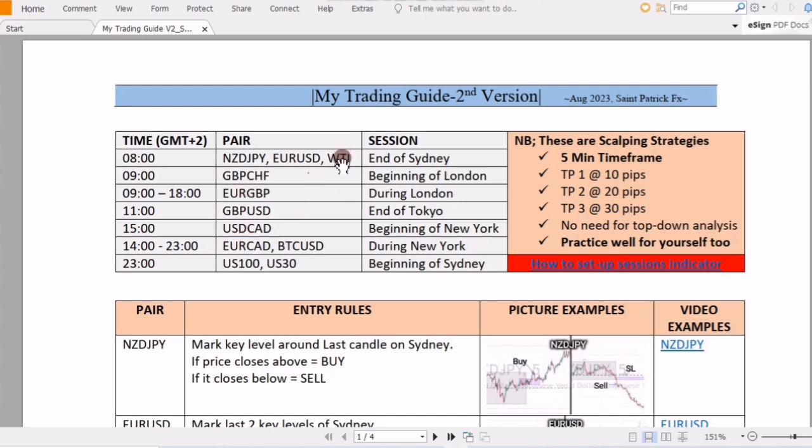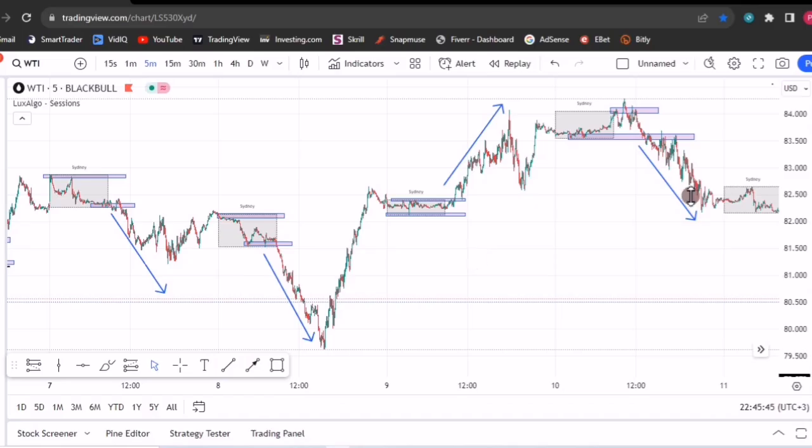If we check, for example, crude oil here, WTI, it's from the end of Sydney. If you don't have this sessions indicator, you just use the time from 8 a.m. You start looking for trades, because if we check from the end of Sydney, which is this grayish box, this pair, oil, moves in one direction.